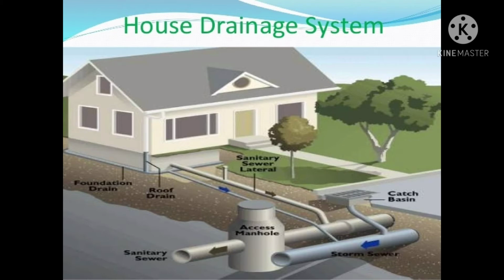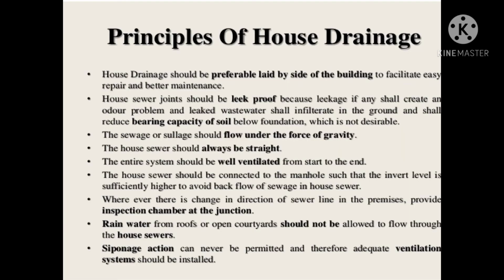Then, the important principles of house drainage system. House drainage should preferably be laid by the side of the building to facilitate easy repair and better maintenance. House sewer joints should be leak proof, because leakage, if any, will create odor problems, and leaked wastewater will infiltrate into the ground and reduce the bearing capacity of the soil below the foundation, which is not desirable.